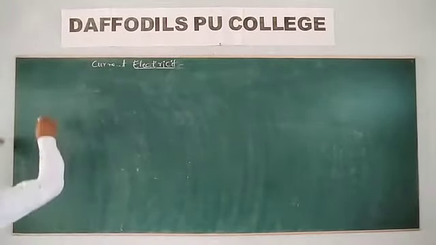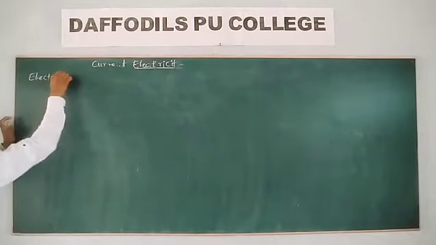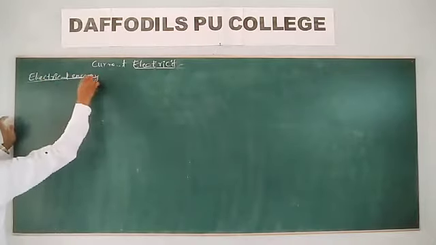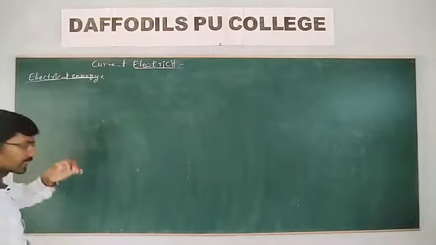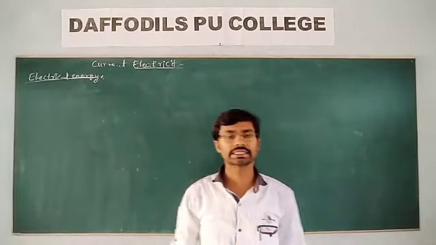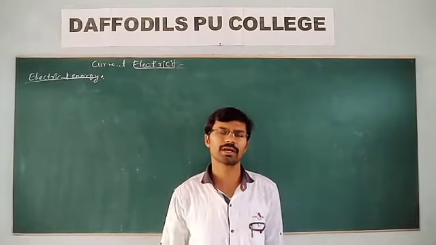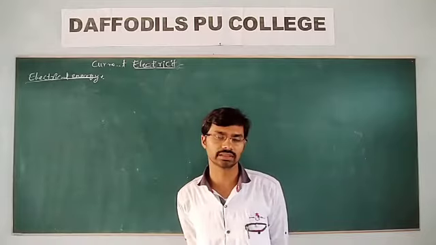So let me discuss electrical energy. What do you mean by electrical energy? Electrical energy is nothing but the energy supplied by the battery for the flow of current in a wire or a circuit.